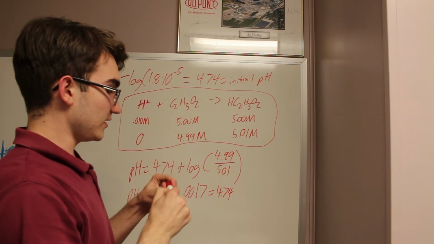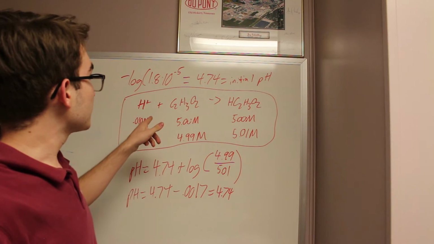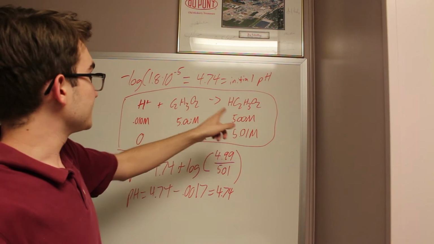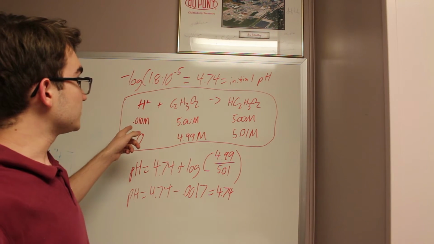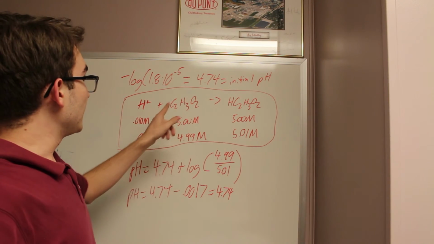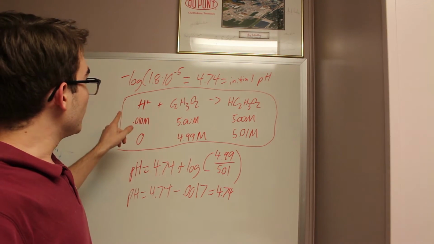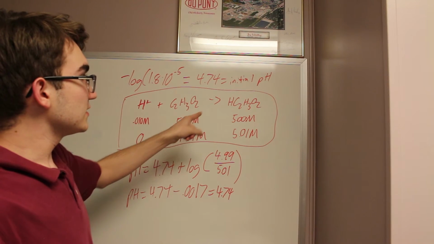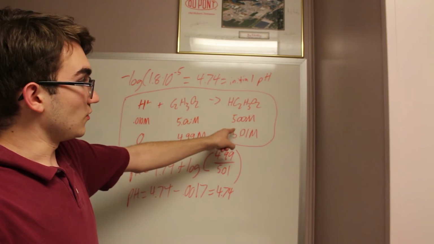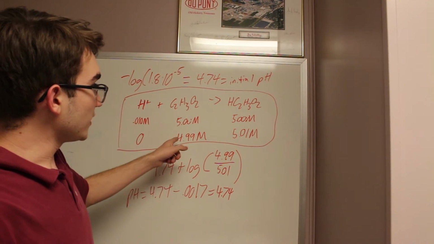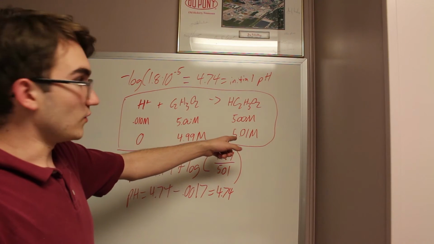That's got our net ionic reaction, H plus acetate equals acetic acid. We start off with the initial concentrations, 0.01 molar, 5 molar, and 5 molar. Then we've got minus X, 5.0 minus X, and 5.0 plus X. So we get our final values of 0, 4.99, and 5.01 molar.